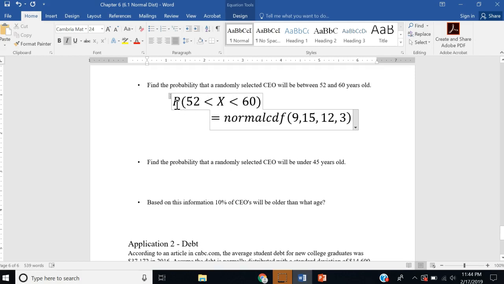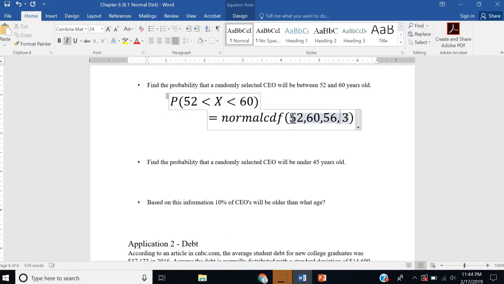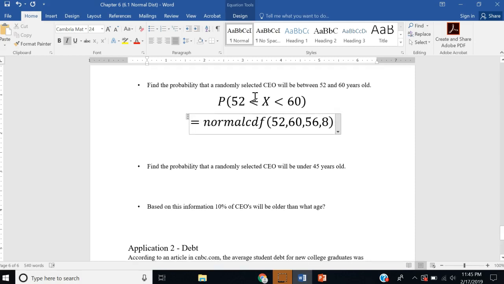Since we're finding probabilities, we're using normal CDF. Lower bound is 52, upper bound is 60. My mean, we just said, is 56, and my standard deviation is 8. So that's it. That's the whole kit and caboodle there.